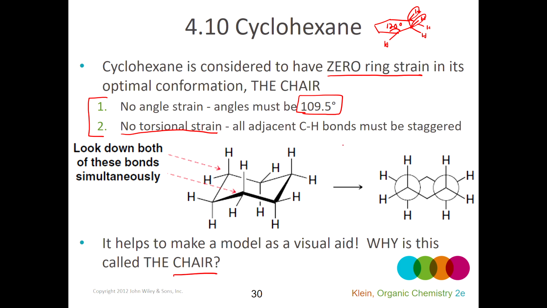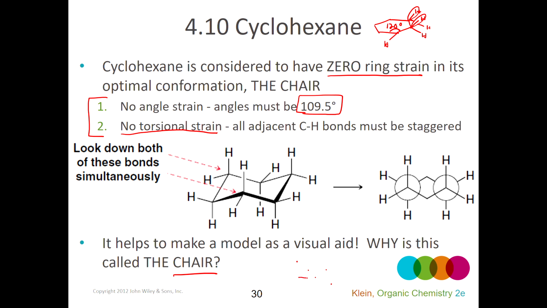And so in the chair structure, you can imagine 4 of the carbons are in the same plane. And then there's 1 carbon that is above that plane and 1 carbon that is below that plane.